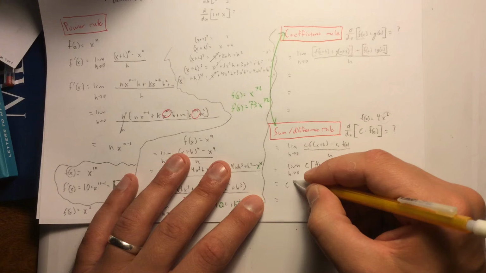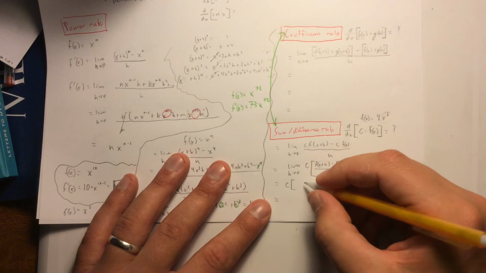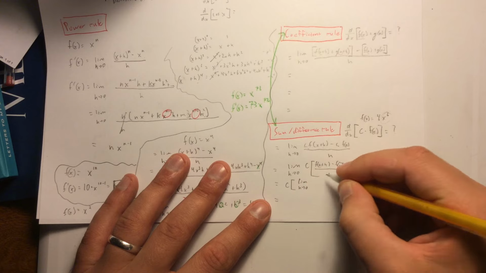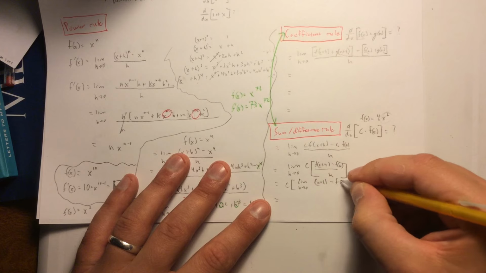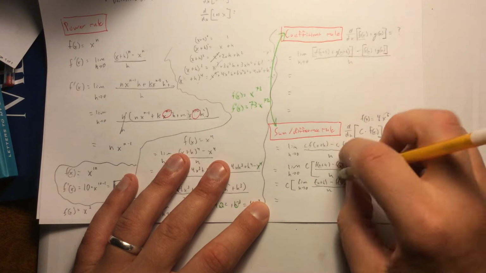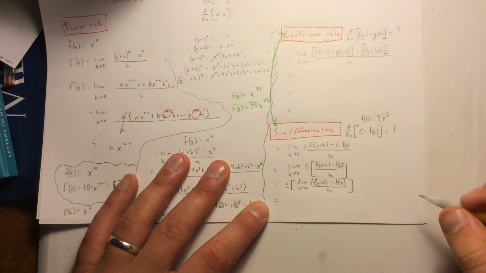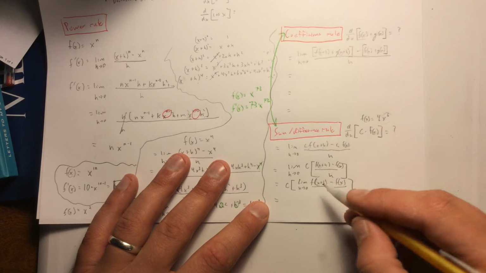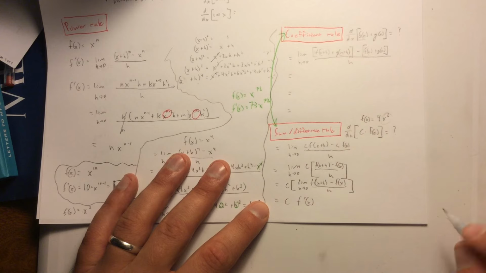So the limit, with some constant, in this case 4, times the limit as h approaches 0 of f of x plus h minus f of x all over h. Man, that's horrible. Sorry about that. Hey, guess what? That right there is just the definition of f prime. So how does this apply to us?